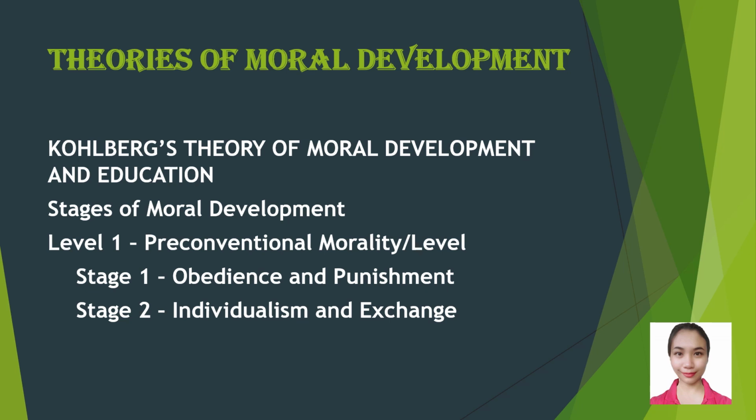So, stage number 2 is more individualism and exchange, or this is what we call din in other books na mutual benefit. So, at the individualism and exchange stage of moral development, children account for individual points of view and judge actions based on how they serve individual needs.